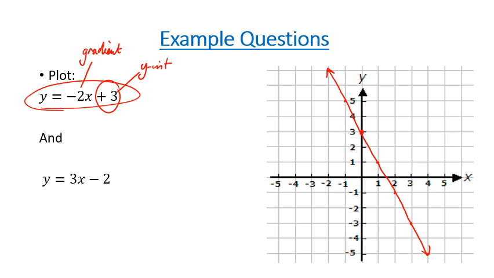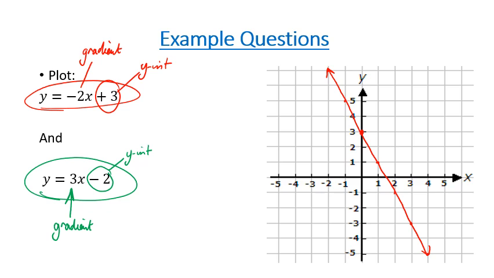In my second equation, I'm going to use green for this one. I know my y-intercept is -2, and I know my gradient is 3. So I find -2 on the y-axis as my y-intercept. And I know the gradient is rise over run.